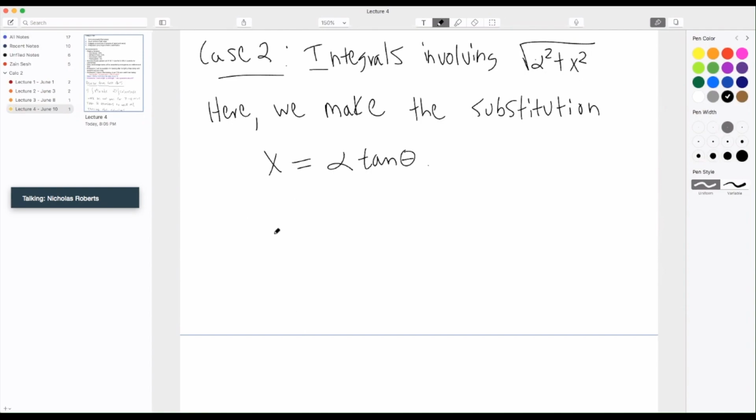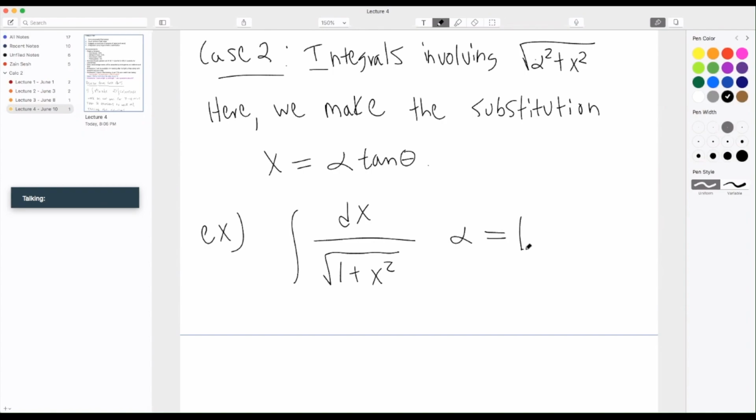All right, so example: the integral of dx over the square root of 1 plus x squared. What's alpha in this case? We have something squared plus x squared, so alpha here is 1.